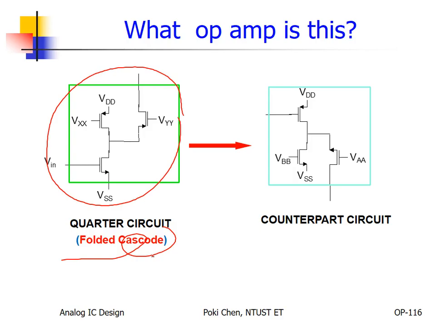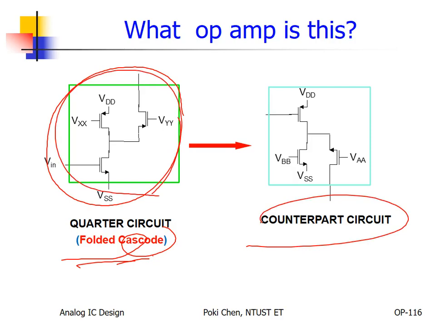Anyway, with such a folded cascode as a quarter circuit, what is the counterpart circuit? Just flip it, right? Upside down. Then P becomes N, N becomes P. Because this is NMOS, right? And that is PMOS, and this is PMOS.